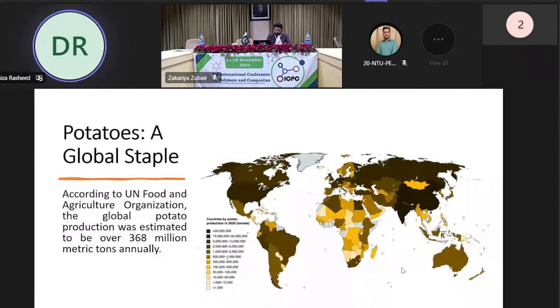According to the United Nations Food and Agriculture Organization, the global potato production is estimated to be over 368 million metric tons annually. In the figure here, the areas marked in dark gray produce higher amounts of potatoes, while the countries in lighter colors show the least production. This is also dependent upon the consumption of potato.